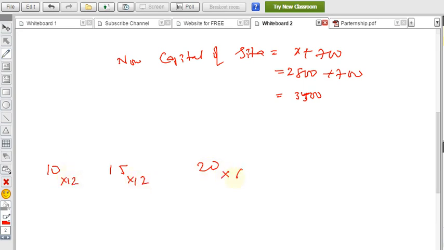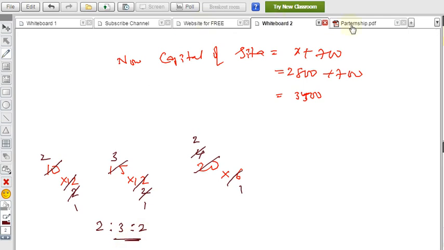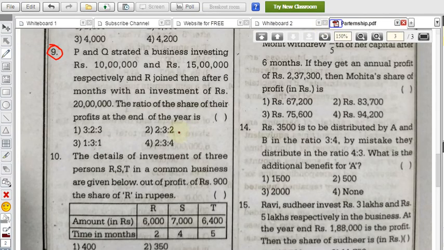The lakhs cancel. Final ratio: 12, 12, 6, cancel the table of 5, and 2 is left, 3, 2. So 2 is to 3 is to 2 is the ratio.